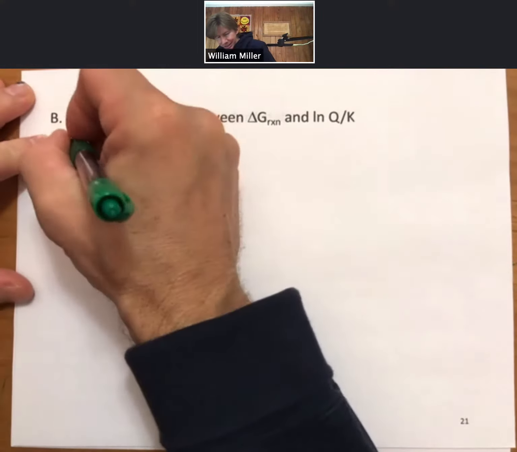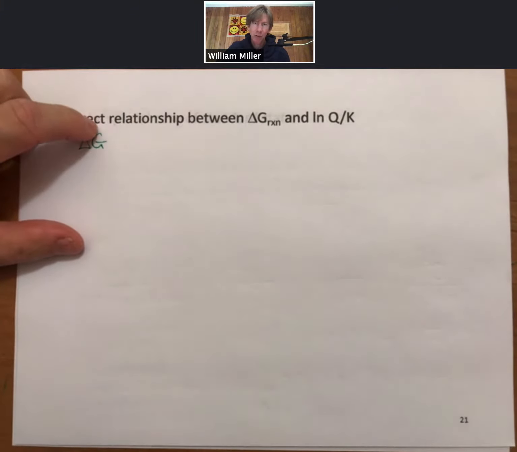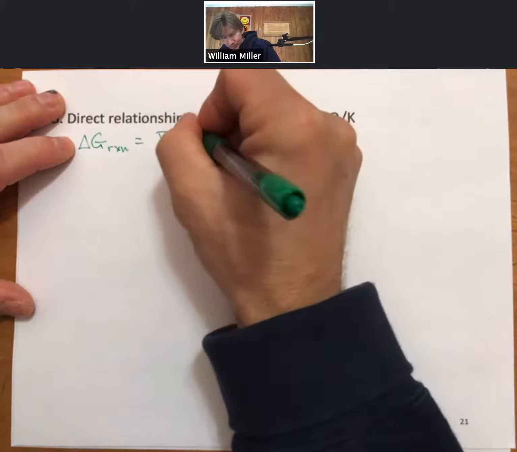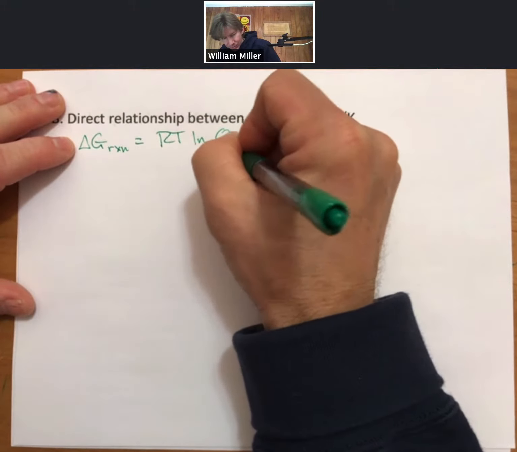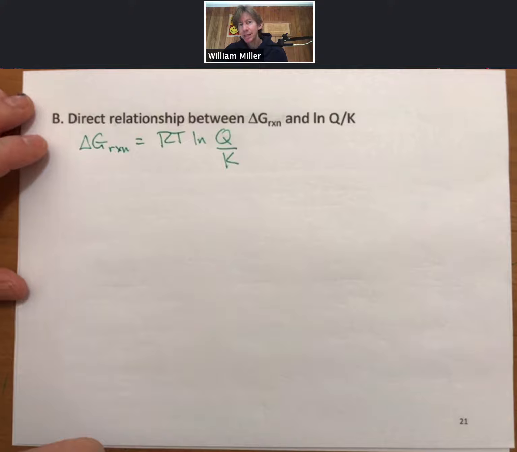It goes like this. Delta G, now without the not, reaction equals RT ln Q over K, where Q could be a QC and K a KC, or QP and KP. It all depends on the reaction, as we'll see.